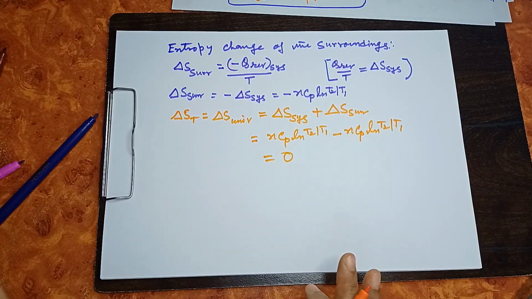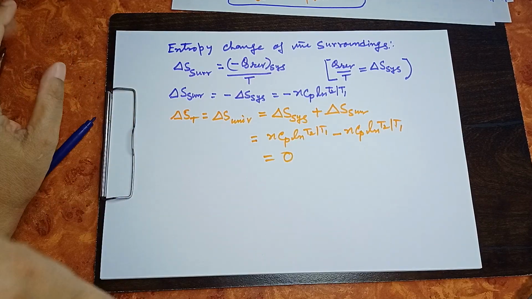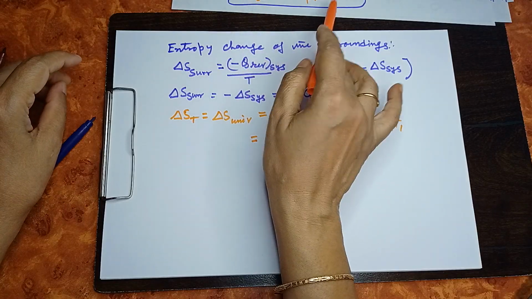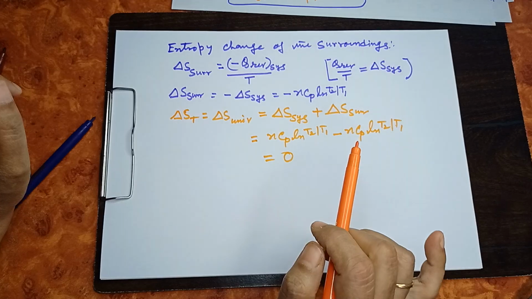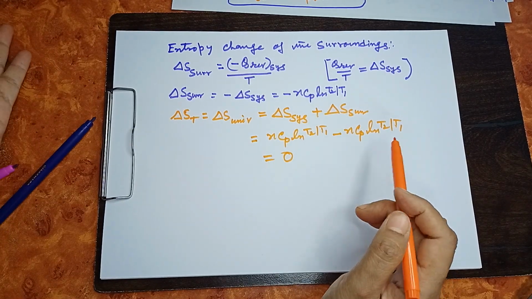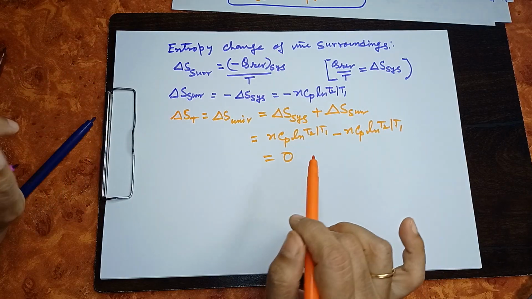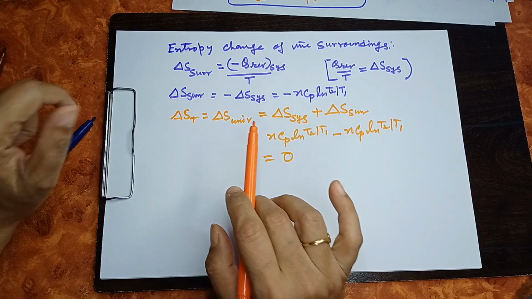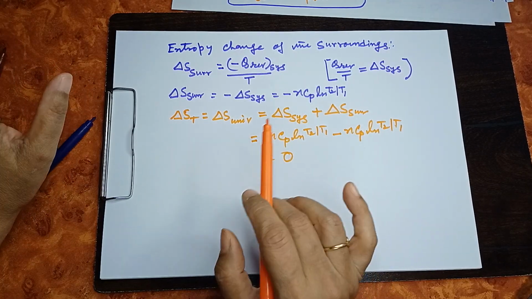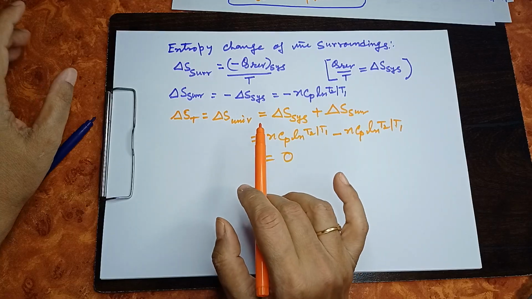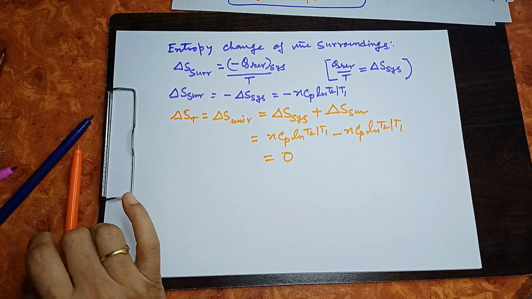So the entropy change in the reversible process is 0. Okay. The entropy change of the system in the isobaric process is nCp ln T2 by T1. The surroundings will be the same, only with the negative sign. So these are the entropy changes in isochoric and isobaric processes. In the next video I will discuss the entropy changes in irreversible processes. So we have come to the end. Thank you.